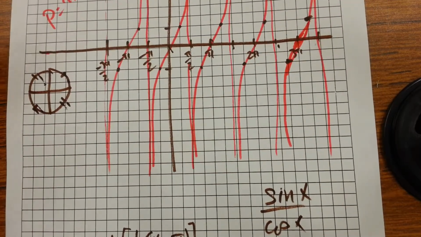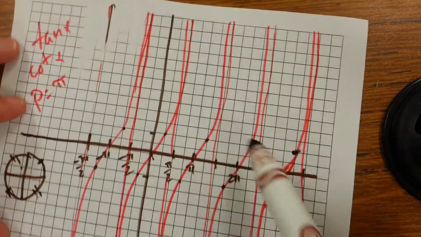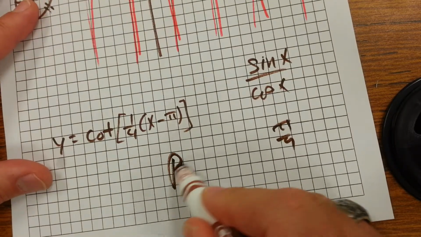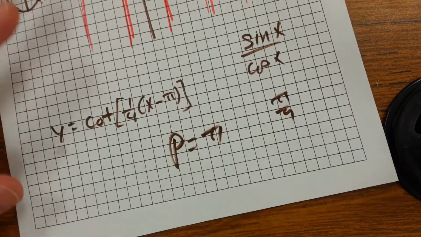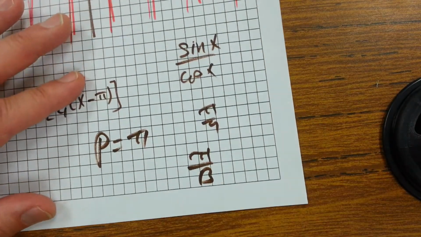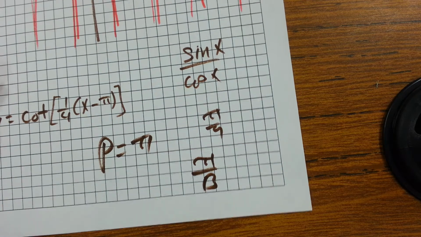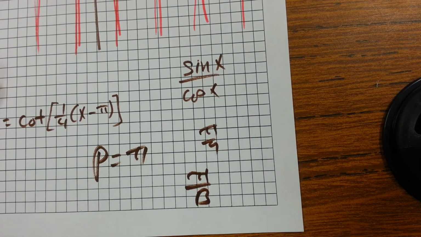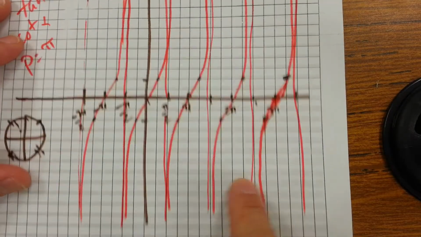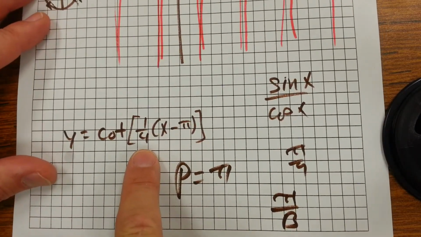All right? When we start changing the period, it's going to be a little different. The period here for one complete cycle for tangent or cotangent is pi. To determine a period, it's pi over b, not 2 pi over b, okay? All right, that's about it for this video. We're going to go into graphing more, as far as transformations like cotangent of 1/4.